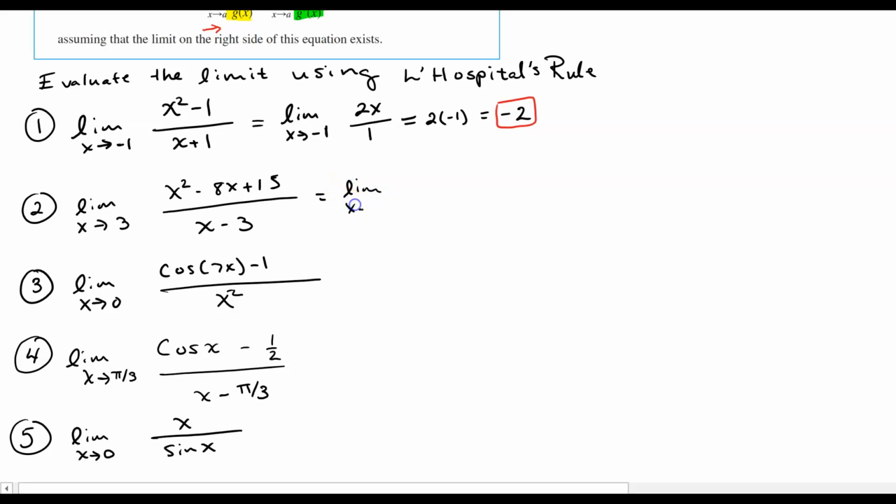So we're going to apply L'Hopital's rule, and I usually denote it like this to show that I've applied it. So let's write that little convention.